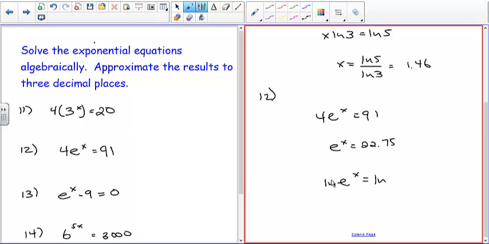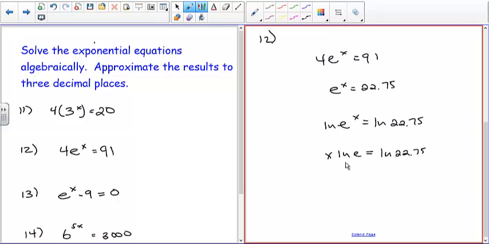In this case, it works out great because we have e to the x, they're the same base, but they don't have to be. So you bring the x out front, so you get x times the natural log of e is equal to the natural log of 22.75, and the natural log of e is 1. So the answer is the natural log of 22.75.